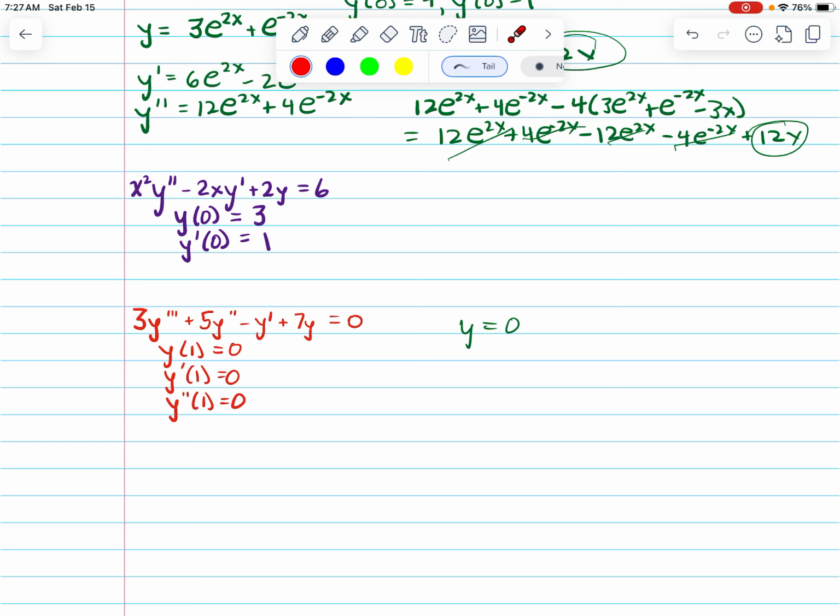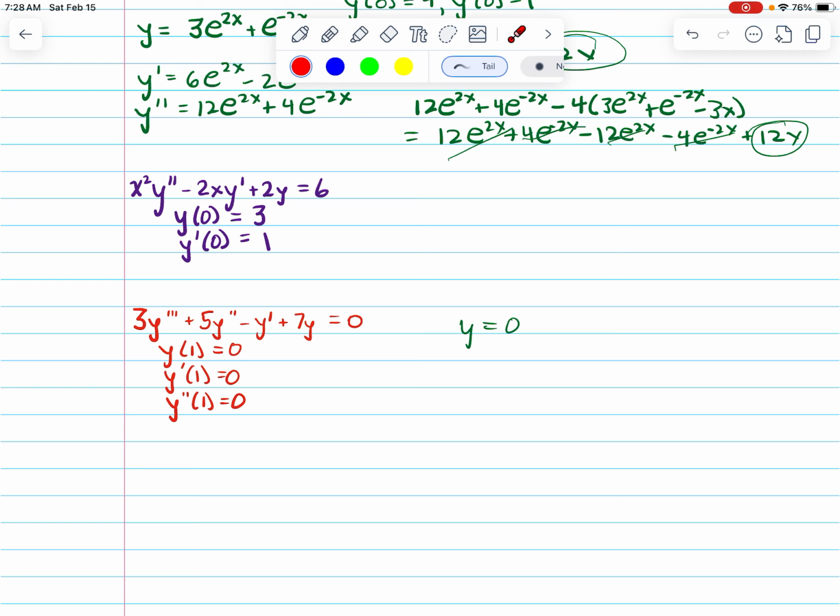So we know that's going to be the only solution, because we're told y of 1 equals 0, y prime of 1 equals 0, y double prime of 1 equals 0. So, in other words, y equals 0. There's no point in trying to find coefficients or going through the process. You already know that y equals 0 is the only solution.